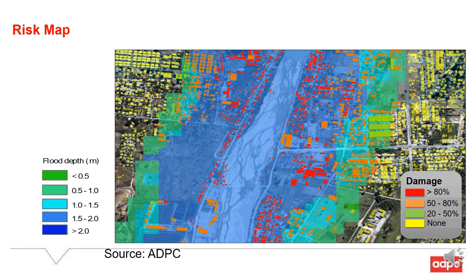Once we use the damage curve, based on the typology of the buildings and their setting, we come up with how many buildings fall under each damage percentage: more than 80%, 50 to 80%, 20 to 50%, or none. If you see, most of the buildings that fall in the risk zone are within the area where the hazard is prevalent, which is actually more rational.